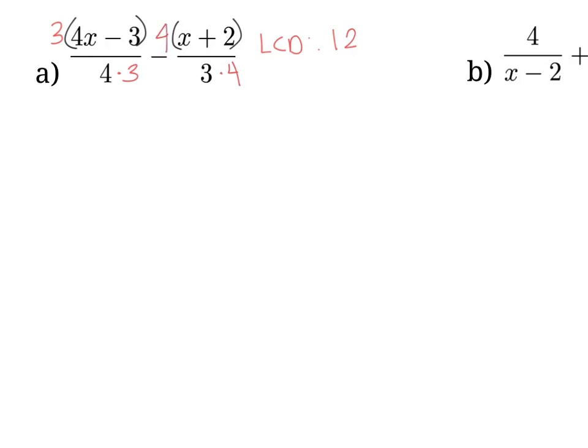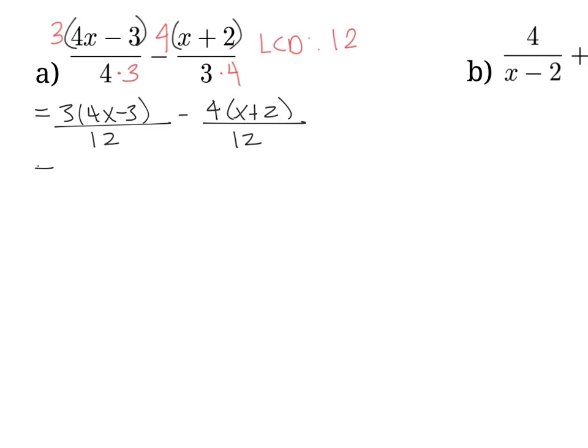So let's simplify this. In the numerator I have 3 times (4x minus 3) all over 12, minus 4 times (x plus 2) all over 12 as well. And now we can add those numerators. So we're going to have 3(4x minus 3) minus 4(x plus 2), and then all over 12.